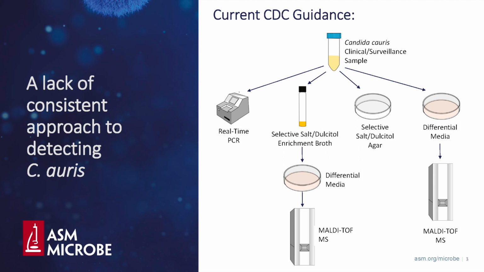Currently, the CDC has provided several guiding procedures for C. auris screening, including using real-time PCR as a fast and accurate method of detecting C. auris, incubating the specimens in a selective salt or dulcitol broth before plating onto differential media, followed by confirmation of identification using MALDI-TOF-MS, directly plating the specimens on a selective salt or dulcitol agar, and directly plating onto differential media, followed by identification using MALDI-TOF-MS.